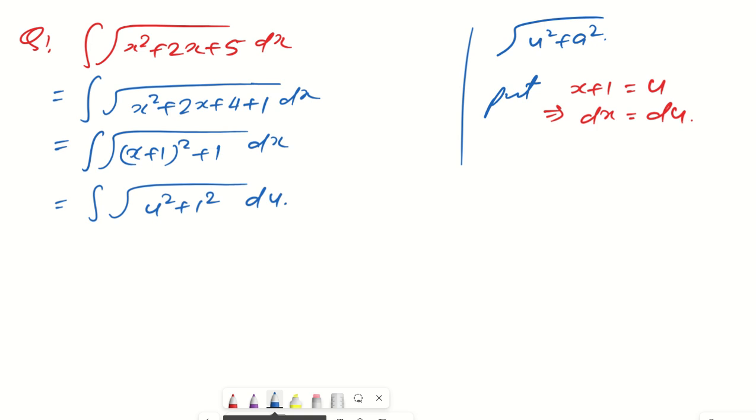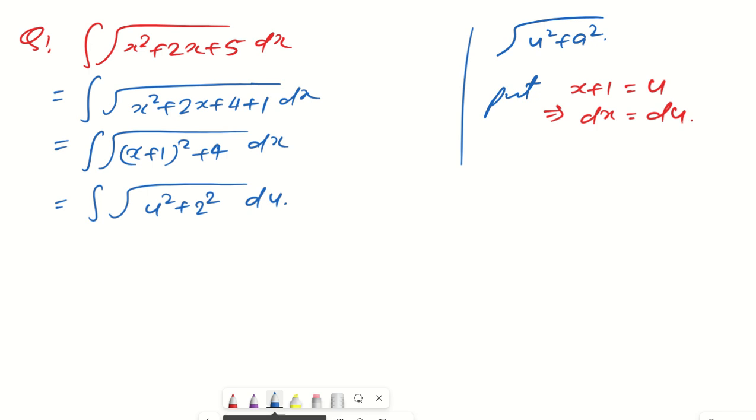One second, here there is a mistake. Actually it is x plus 1 whole square, so it can be written as x square plus 2x plus 1 plus 4. So basically 4 will be remaining, and this will be my 2 square. Okay, understood? So u square plus 2 square.